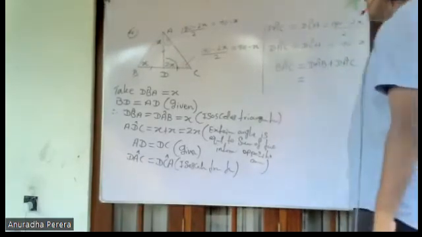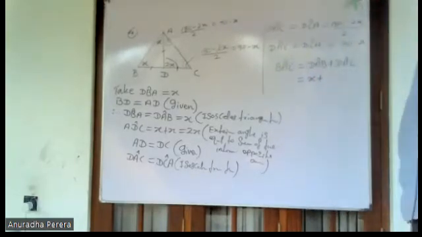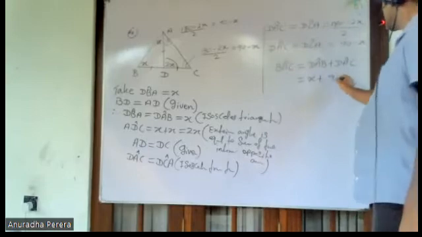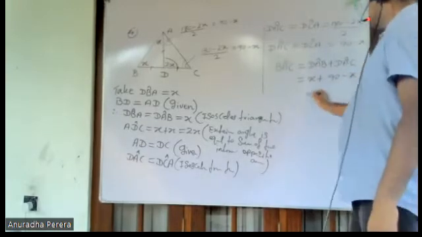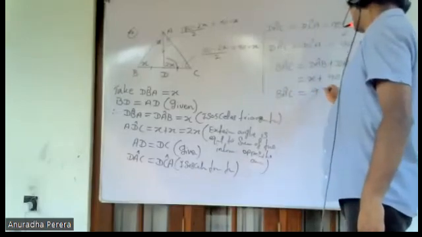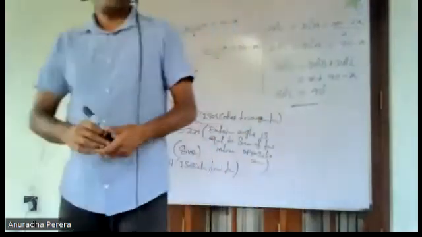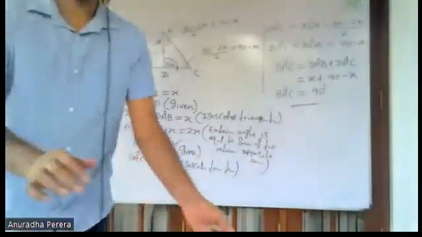DAB is x, DAC is 90 minus x. Right? What is this? BAC equals 90. Just a minute. උත්තරට ප්‍රශ්න තියෙනවා නම් අහන්න.